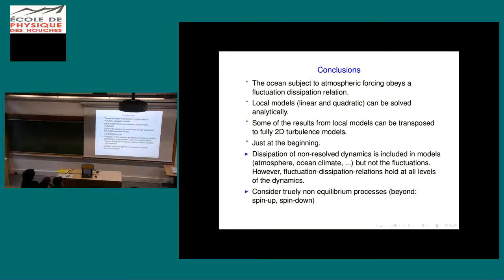And then I have two kinds of comments. The one is that it's larger than what I'm presenting now, but maybe it's just for discussion. Today the dissipative effect of the small-scale structures, which increase the dissipation of the system, is always included in the atmosphere, ocean, and climate models, but not the fluctuations. But we have fluctuation dissipation relations at all levels in the dynamics.